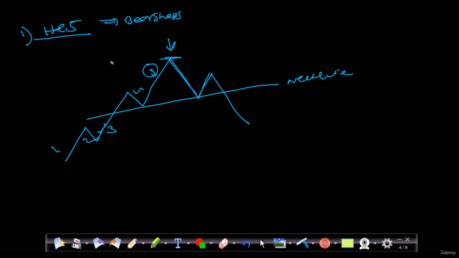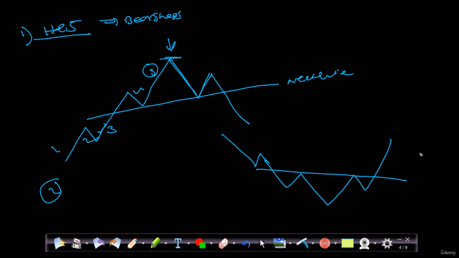Because you already know what the head and shoulder is and how to mark the head and shoulder pattern. Now the second is the inverted head and shoulder. The inverted head and shoulder looks like this one also, and this is the neckline. Based on this, you already know what the impulsive wave and corrective wave are in the inverted head and shoulder, right?